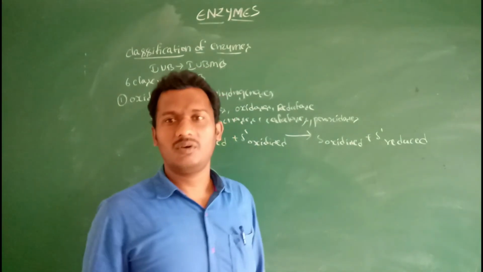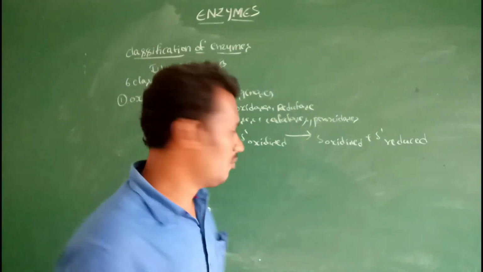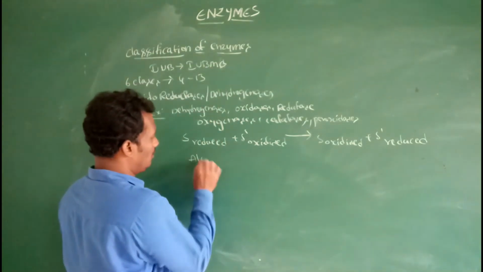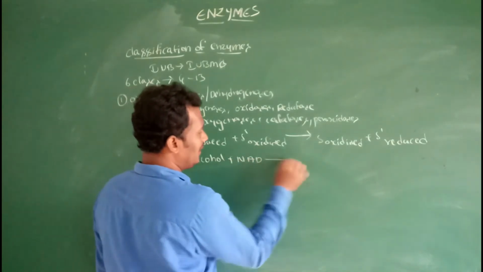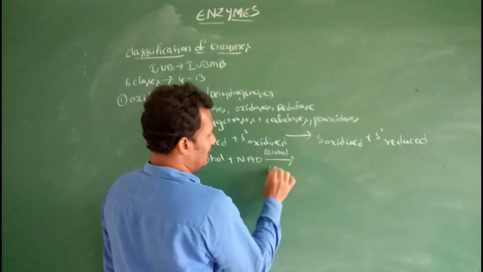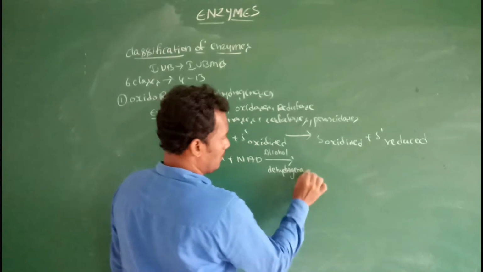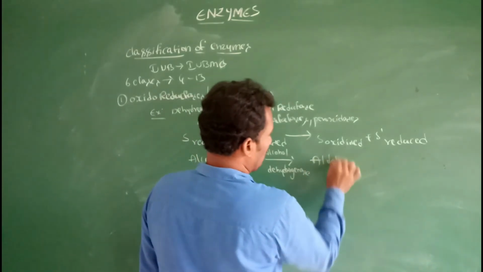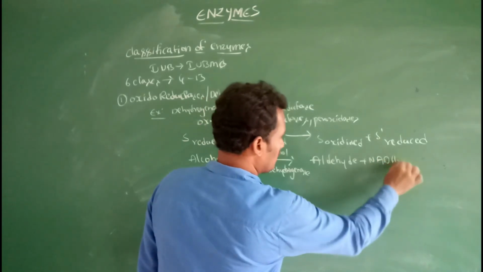By use of oxygen or without use of oxygen: alcohol plus NAD plus, with alcohol dehydrogenase enzyme, gives aldehyde and NADH2.